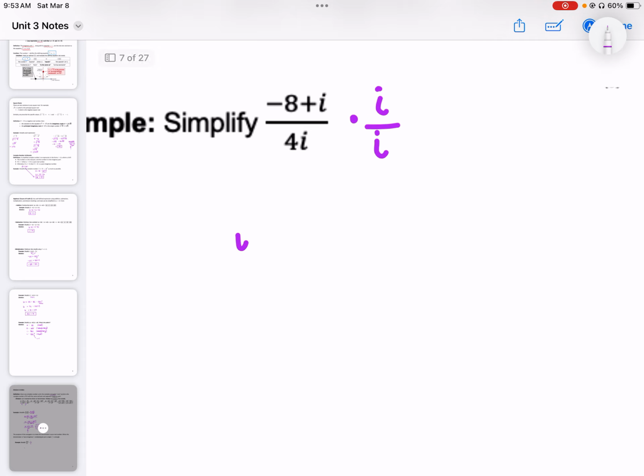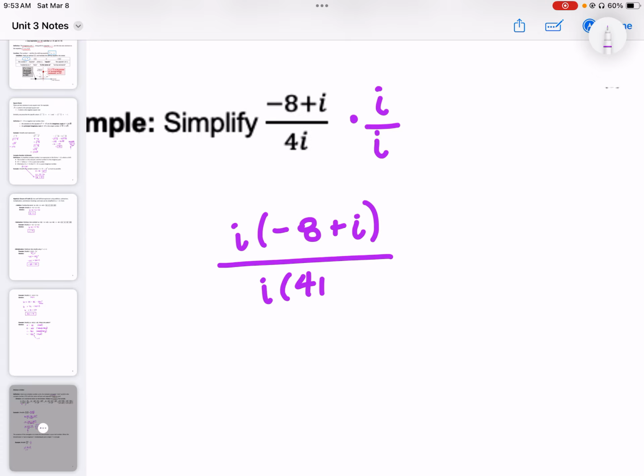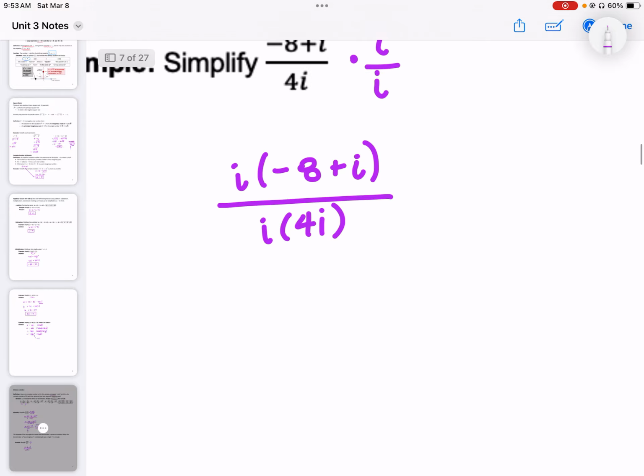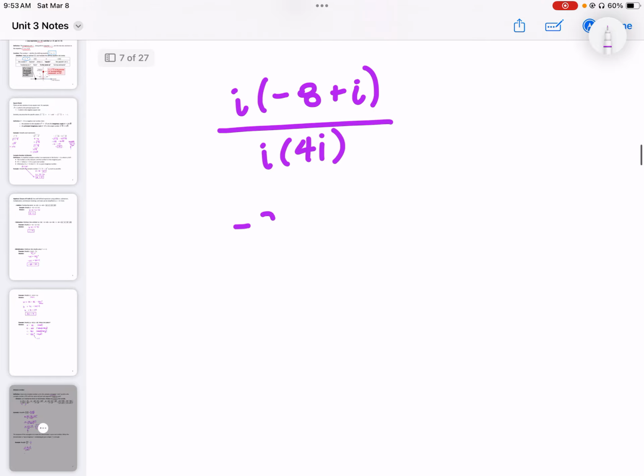I'll go ahead and write it as this over this. And now we'll just distribute. So we'll have minus 8i plus I squared all over 4i squared.